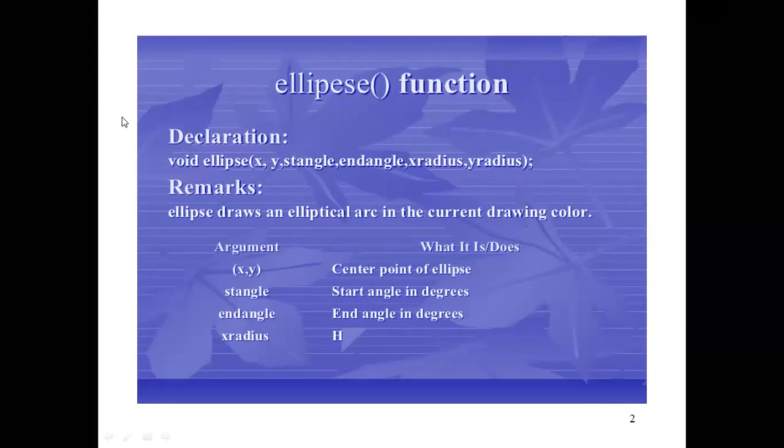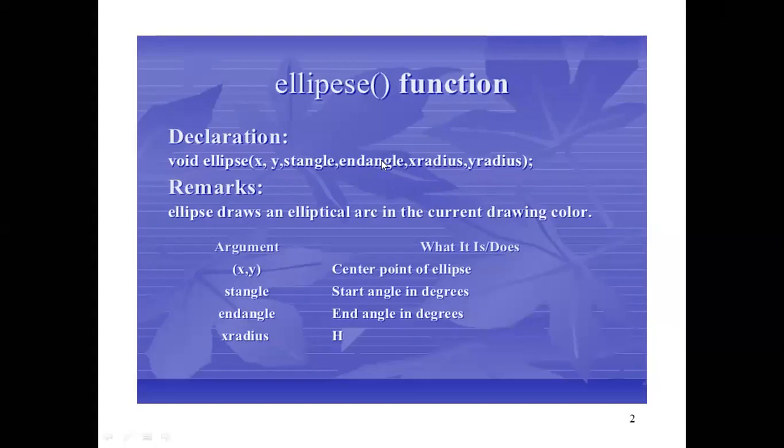Whenever we draw the ellipse, we will write void ellipse, x comma y comma st angle, that is, start angle, then end angle, then comma x radius comma y radius.